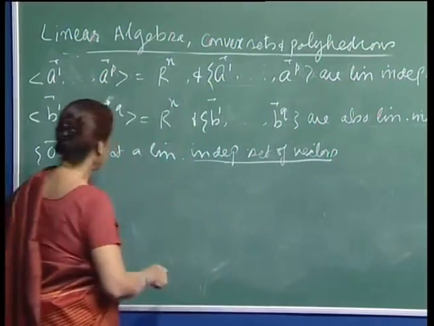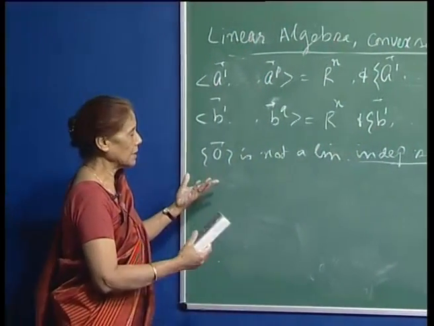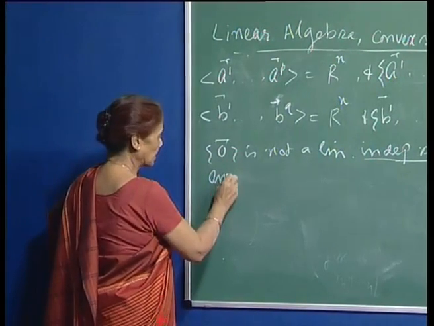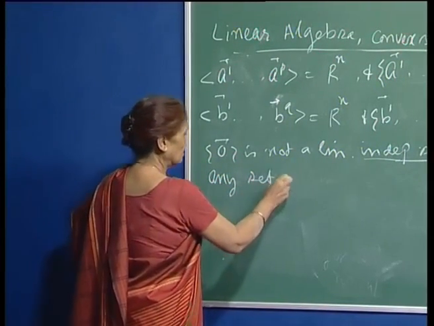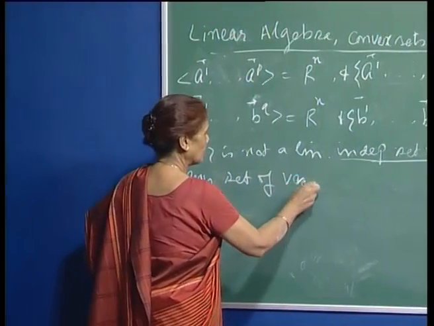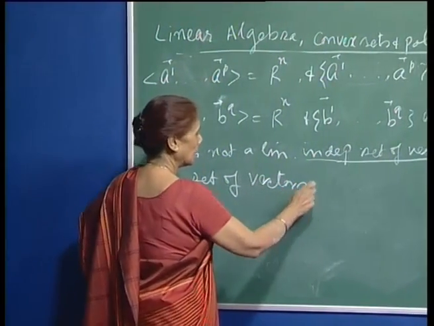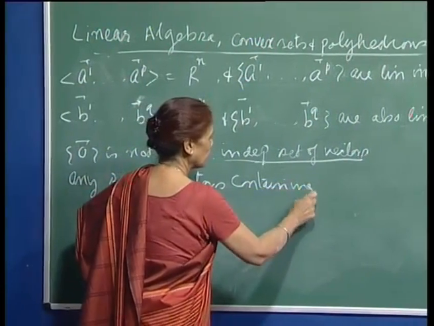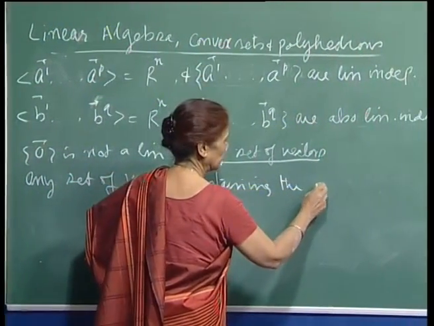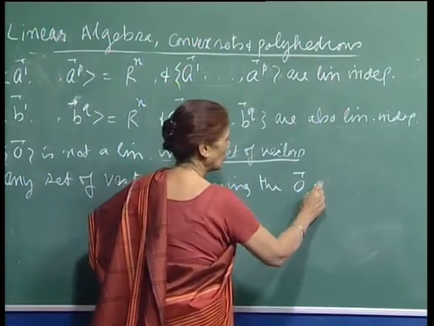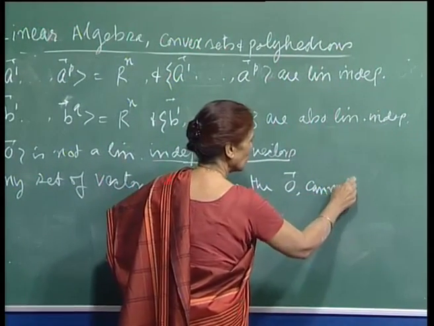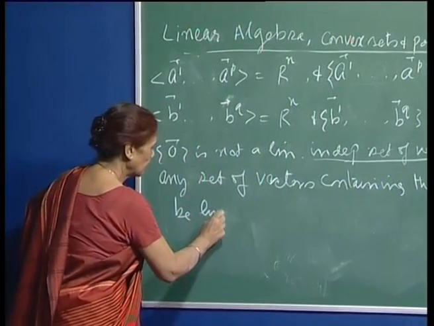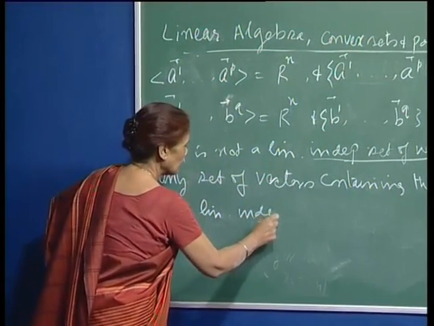By itself 0 cannot form a linearly independent set, and in fact any set of vectors containing the 0 vector cannot be linearly independent. Clear?